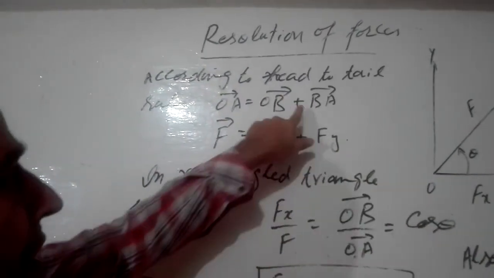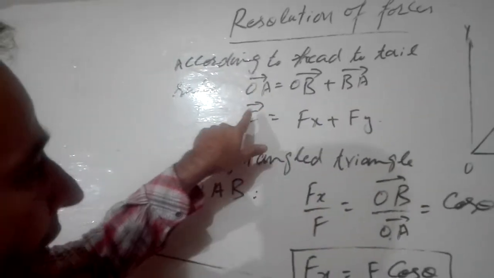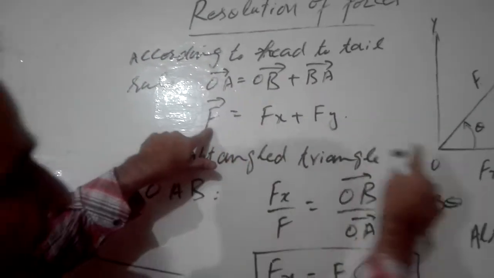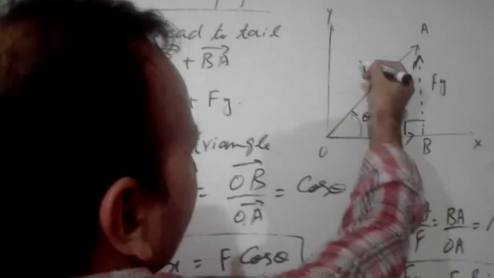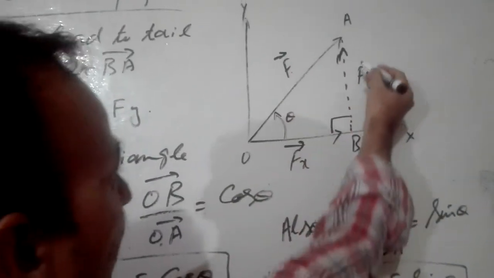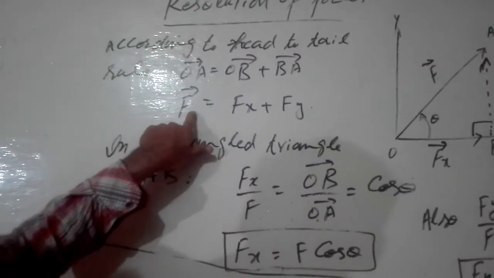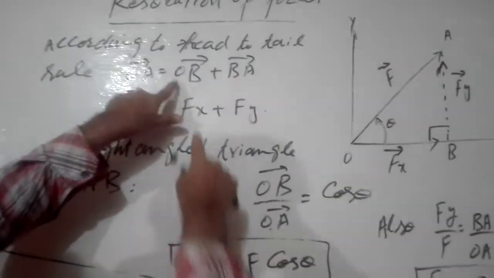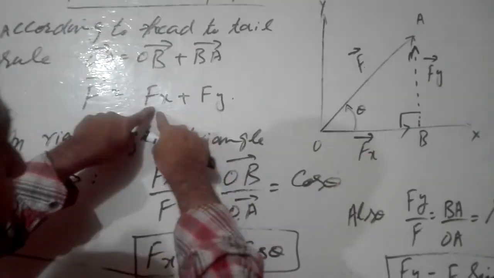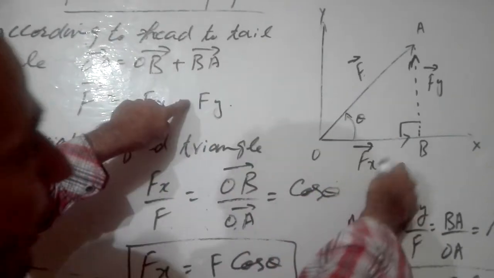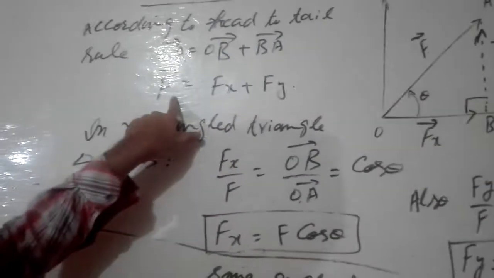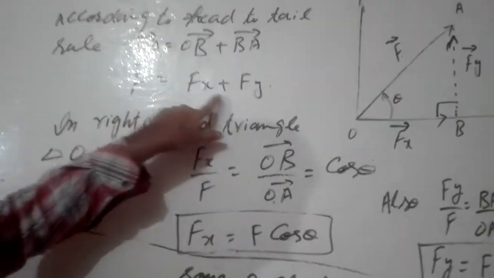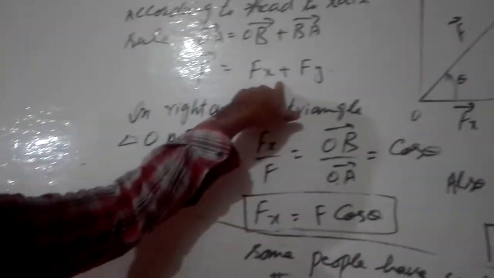I have represented OA with the F vector, OB representing Fx, and BA representing Fy. So according to the head to tail rule, force F is equal to the sum of these two components.